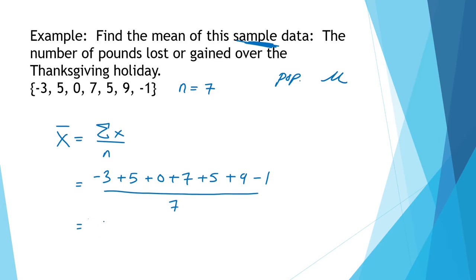The numerator simplifies to 22, and now we have 22 divided by 7. 22 over 7 is approximately 3.14. So we're going to round this to about 3.14. On average, these individuals gain 3.14 pounds over the Thanksgiving holiday.